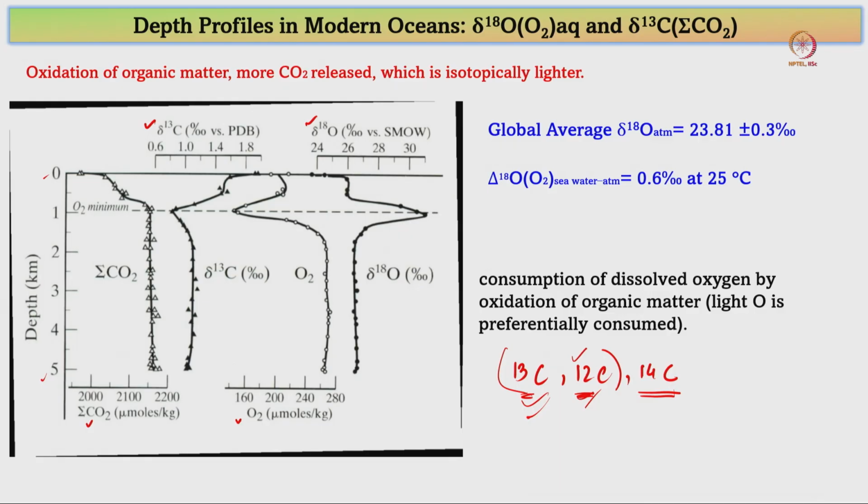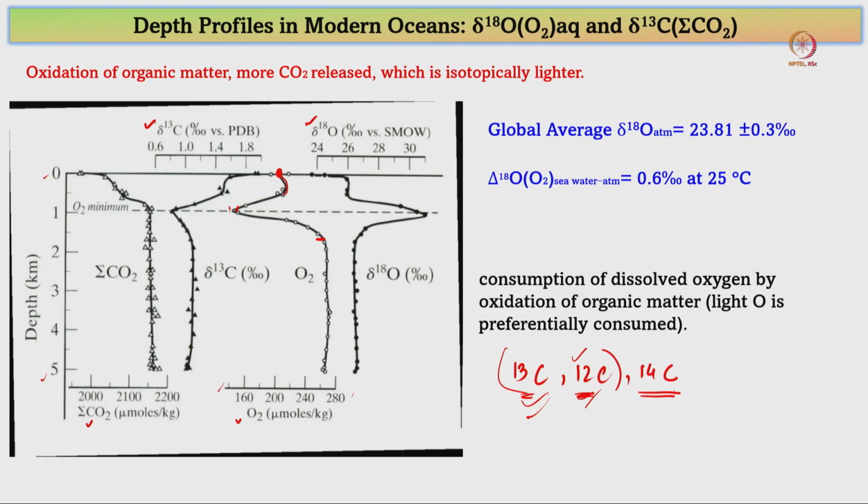Okay. And why is this so? As you can see in this particular plot, O2, which is at equilibrium with the atmosphere, slowly decreases and becomes a minimum value in this particular region, and then after that it gradually increases and after a certain point it remains stable. Okay. Let us see how the CO2 value changes.